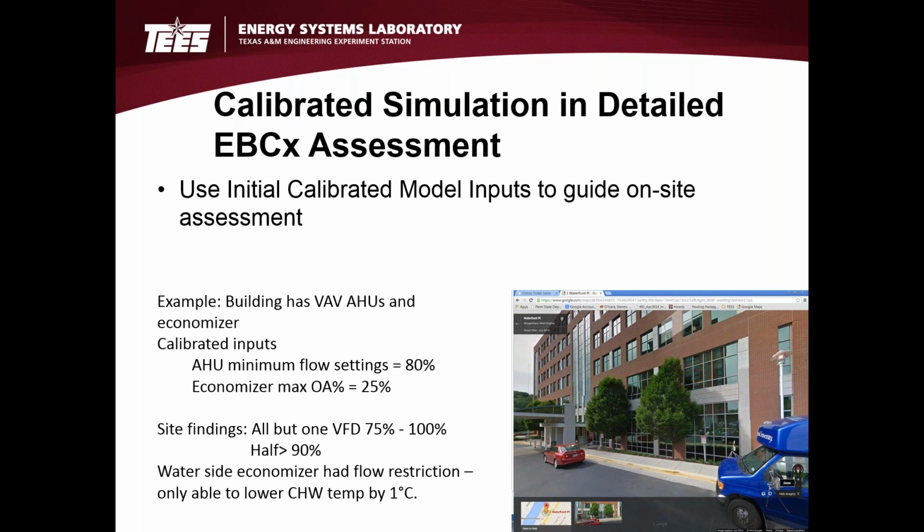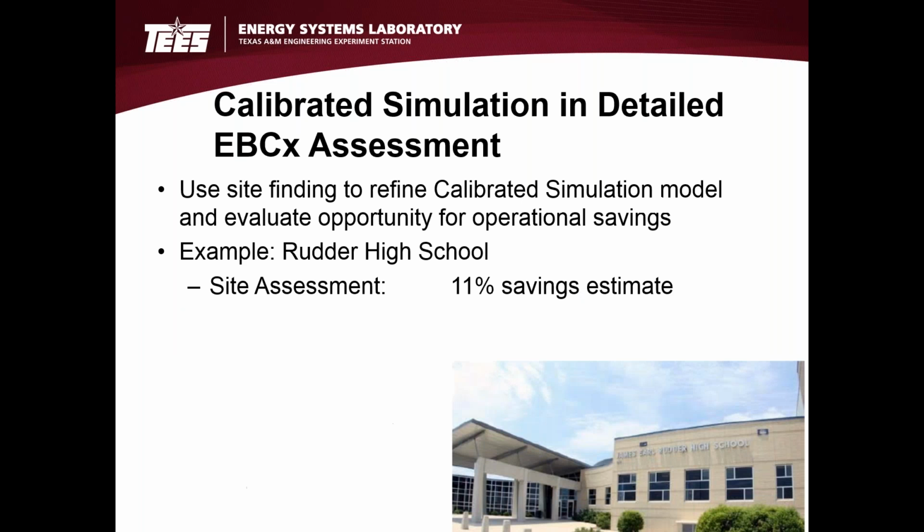I cite this as, again, good or maybe unusual examples of how well the calibration process can tell you something about what's happening in the building, but certainly we have had other experiences as well where it has ended up giving us some good guidance in terms of what to look for when we get to the building.